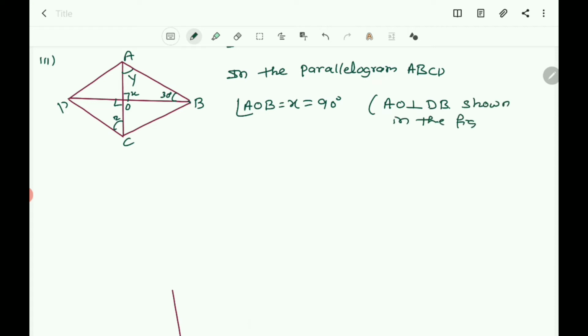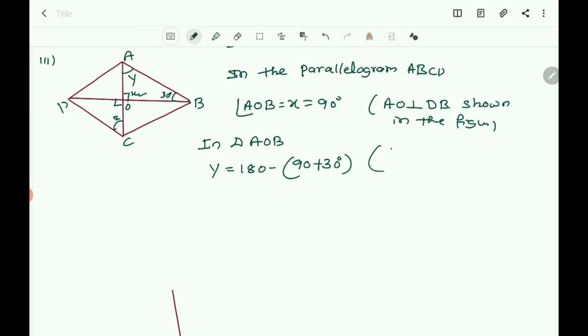So, angle AOB is equal to x is equal to 90 degrees, and in triangle AOB, you take y is equal to what? 180 minus the sum of the other two angles. Use the angle sum property of the triangle here. What is the sum of the others? That is 90 degrees plus 30 degrees. 30 degrees is given here.